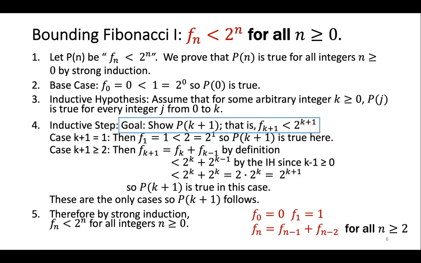So we have checked the upper and lower bound of Fibonacci. Upper bound is 2 to the nth. So we have seen whether this is correct or not.